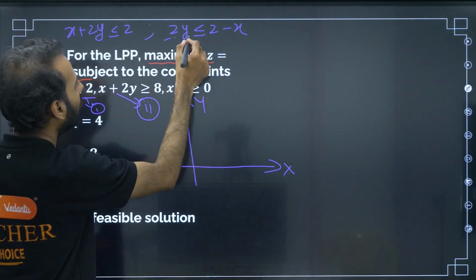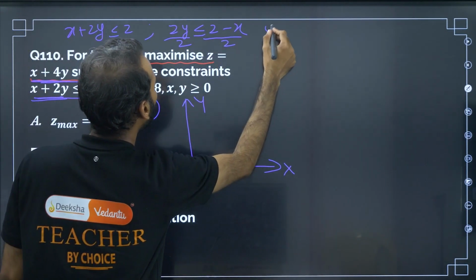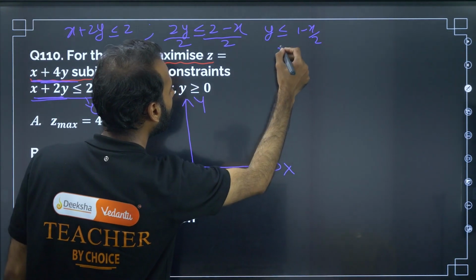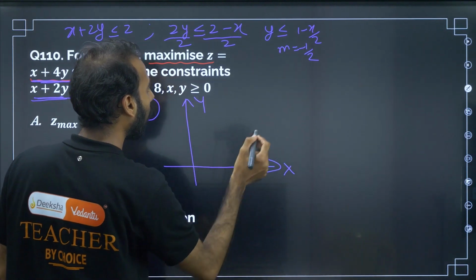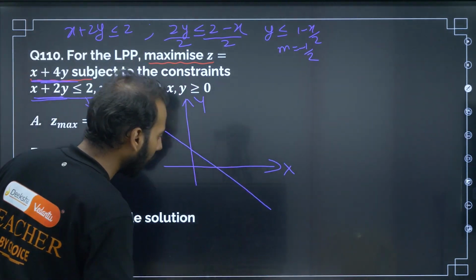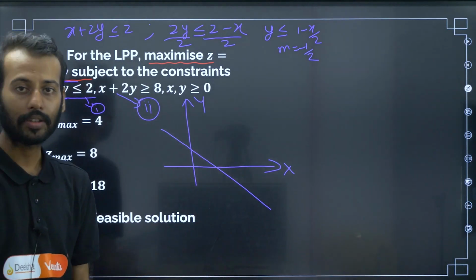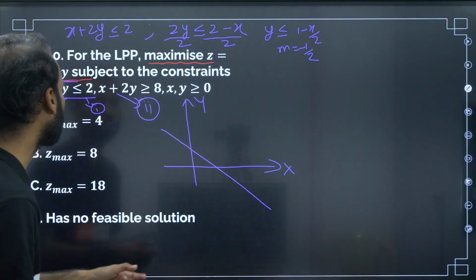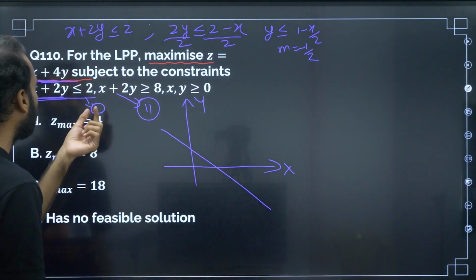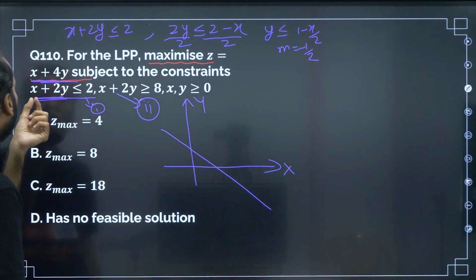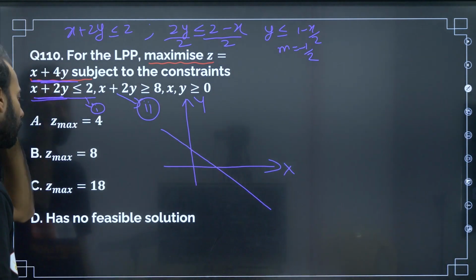X I am transposing, and I divide by 2. Y is less than or equal to 1 minus x by 2. So from here the slope is minus 1 by 2. If I plot a line of slope minus 1 by 2, that line will be something like this. A negative slope line will be like this.